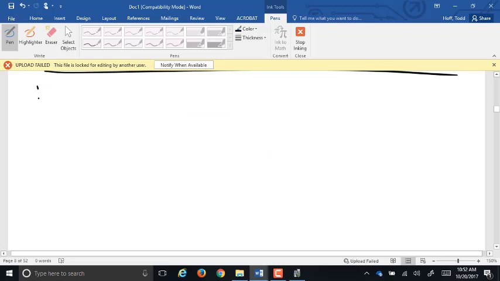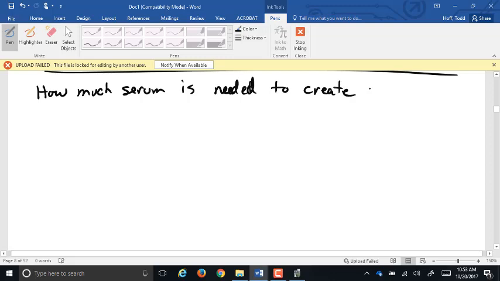Okay, so let's look at this. How much serum is needed to create 240 milliliters of 35% volume in volume solution?